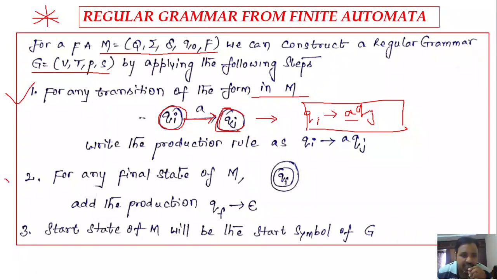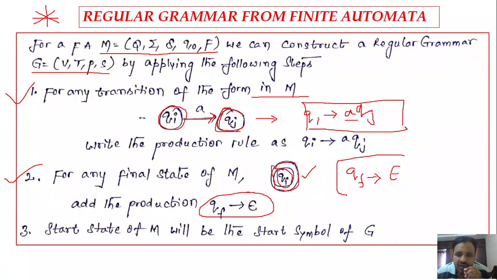Next, for any final state of M, you have to add one epsilon production, that is qf denotes epsilon. Let me consider qf is a final state in your automata. For that particular final state, you have to add one production rule in the grammar, that is qf denotes epsilon. So for each final state, you have to write an epsilon production.